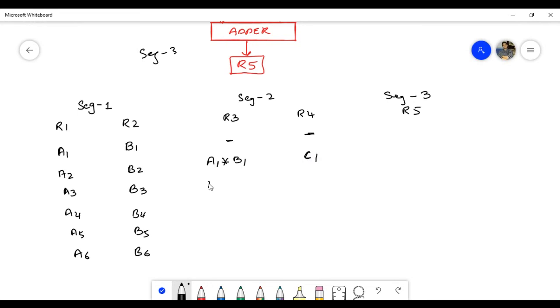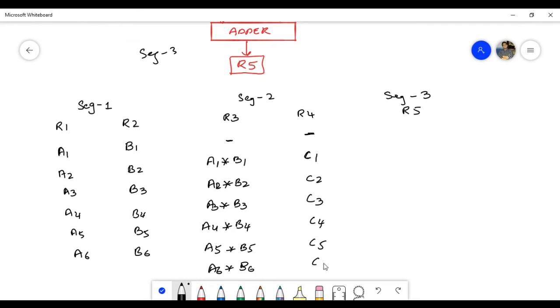So it is A2 cross B2 C2, A3 cross B3 C3, A4 cross B4 C4, A5 cross B5 C5, A6 cross B6 C6.